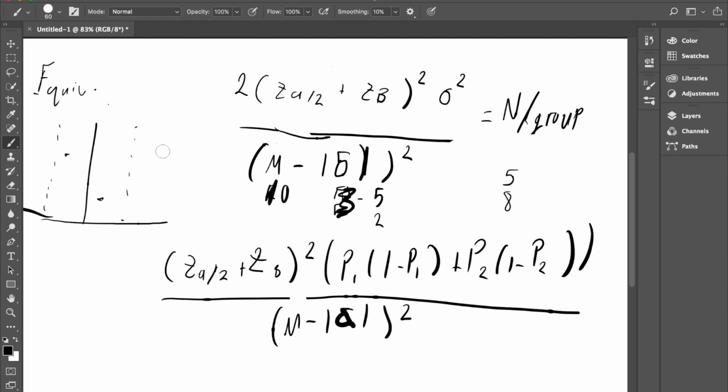But another consideration is how wide apart our margins are. The closer your margins are together, the narrower your confidence intervals are going to have to be, right?